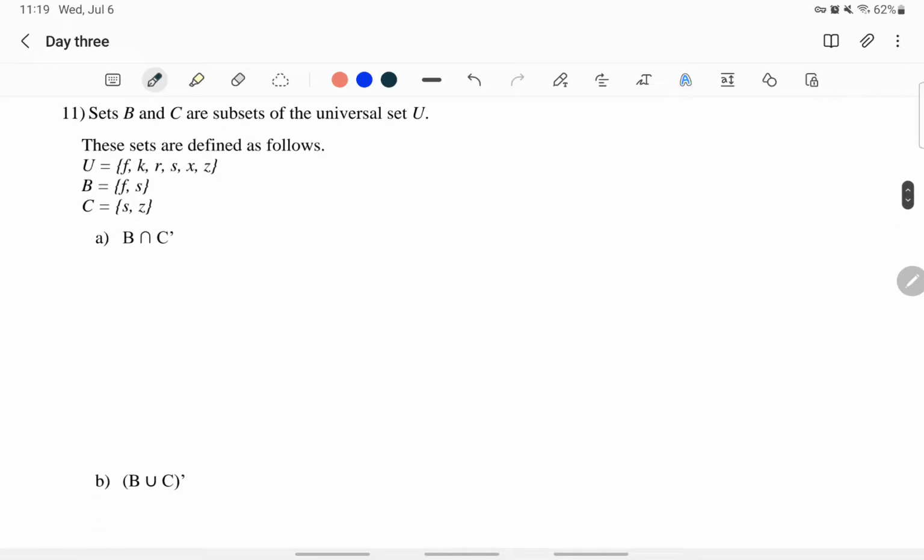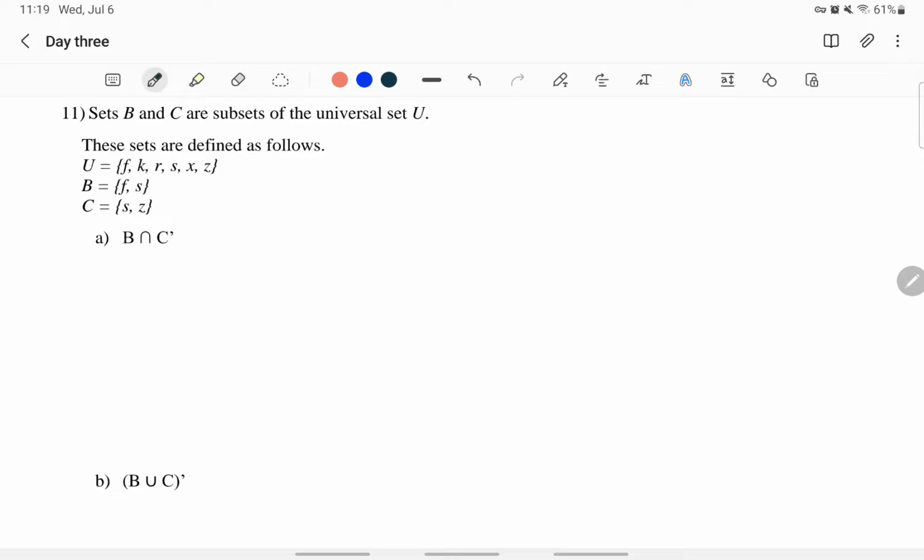Now this one says 11, set B and set C are subsets of the universal set U. These sets are defined as follows.